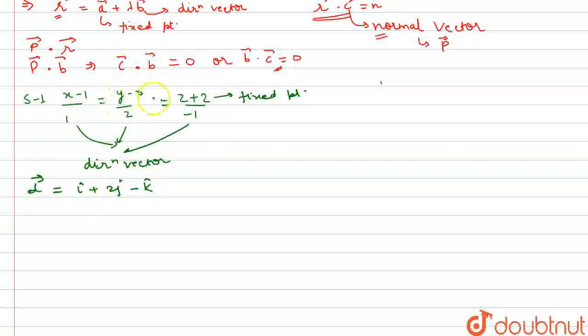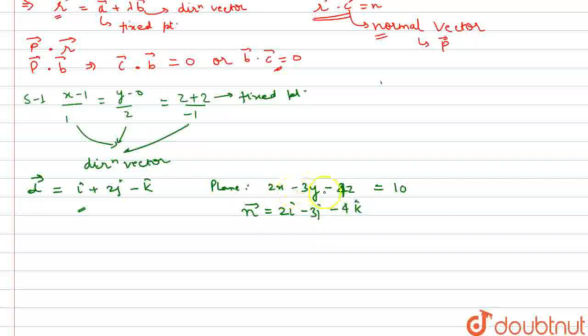Hence the direction vector of the line comes to be this, and the plane is given as 2x minus 3y minus 4z equal to 10. In this representation of the plane, the normal vector can be given as 2i cap minus 3j cap minus 4k cap.